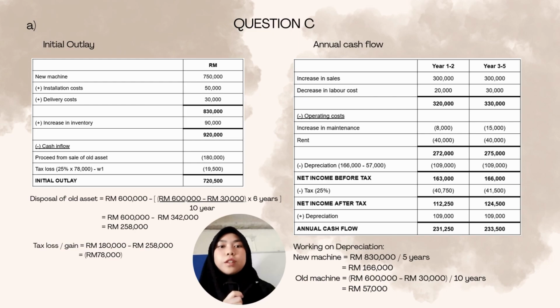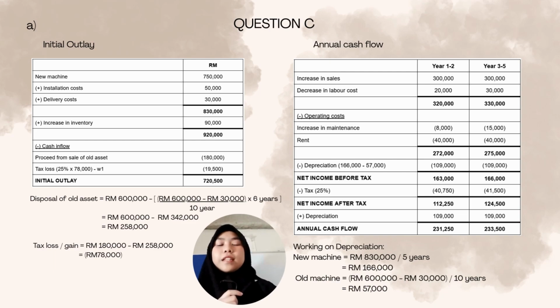Next, to calculate annual cash flow, our question is a differential cash flow, which is why we have year 1 until 2 and year 3 until 5. First, we add the increase in sales and decrease in labor cost. After that, we minus the operating cost, which is increase in maintenance and rent. Then we minus the depreciation, which is new machine depreciation minus old machine depreciation.